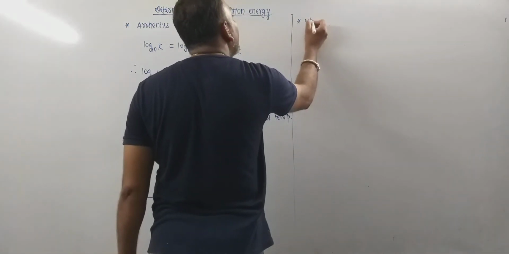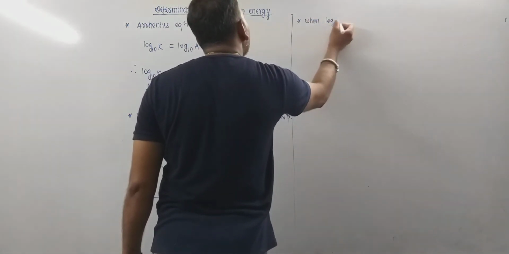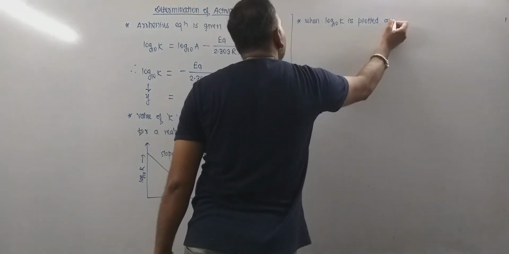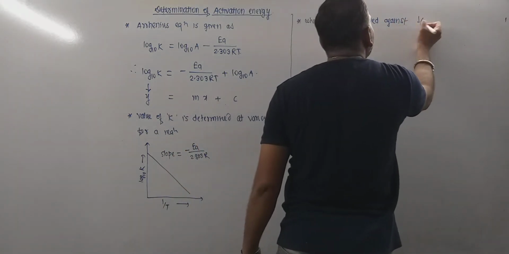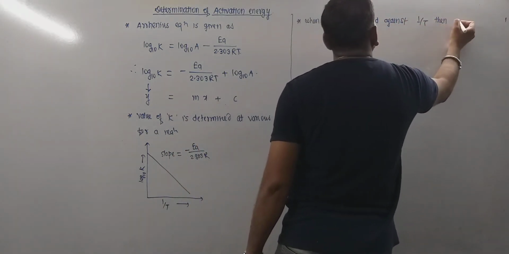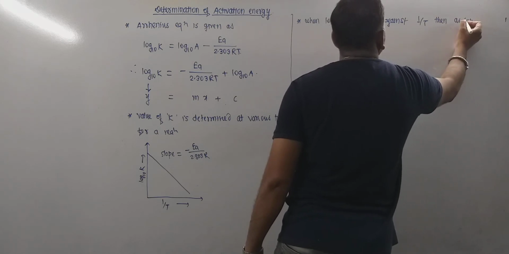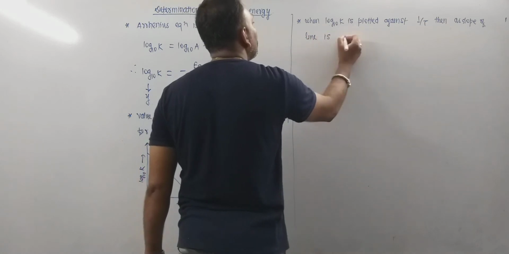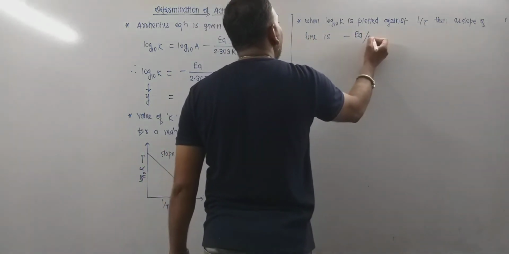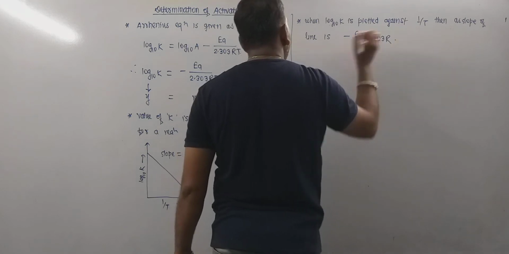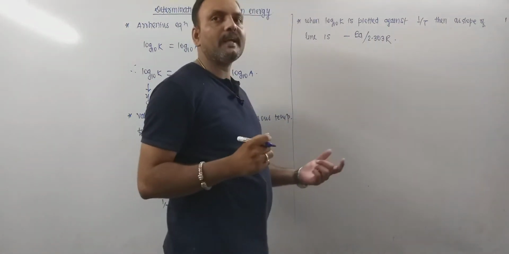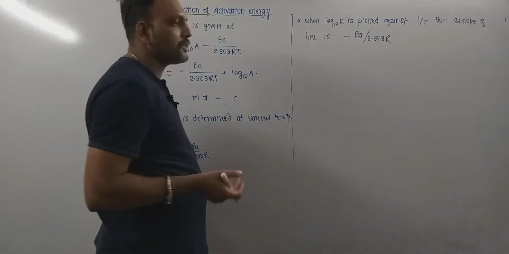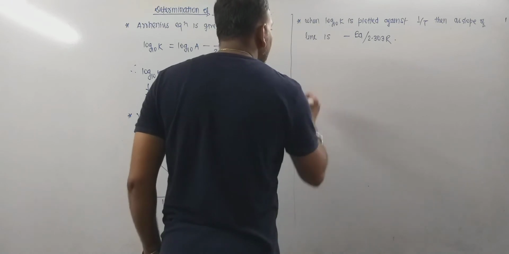When log base 10 K is plotted against the reciprocal of temperature, the slope of the line is minus Ea upon 2.303 R. So by using this, one can easily determine the energy of activation. This is the very first way to calculate activation energy.